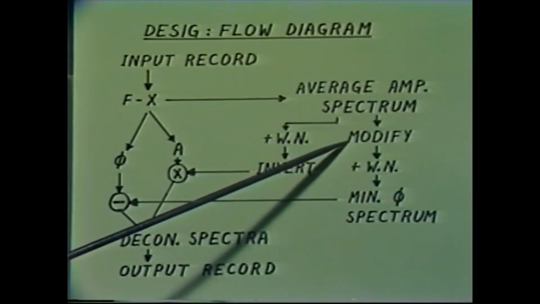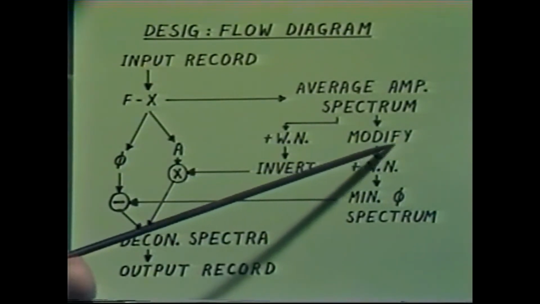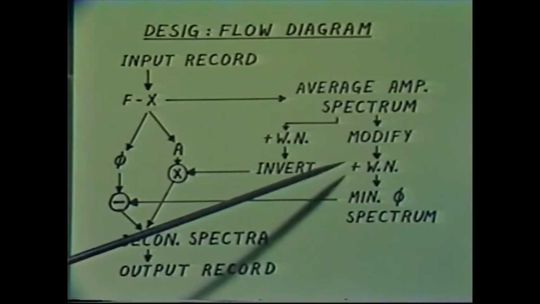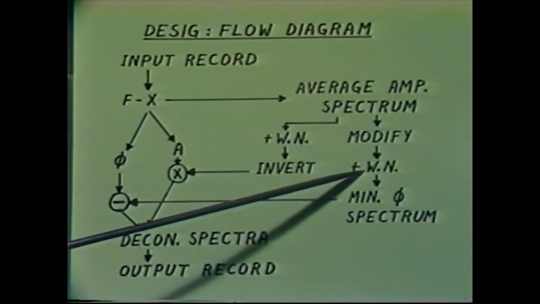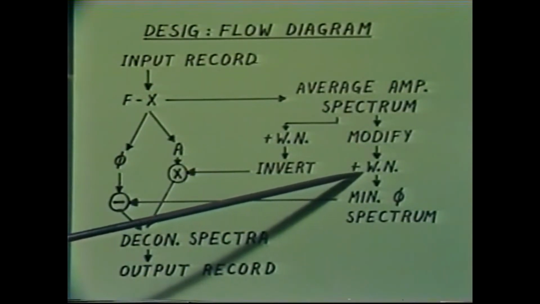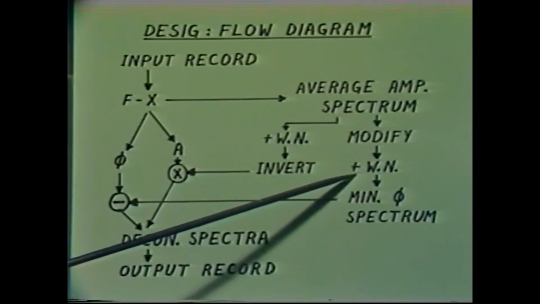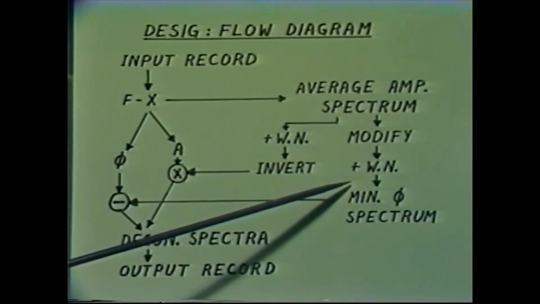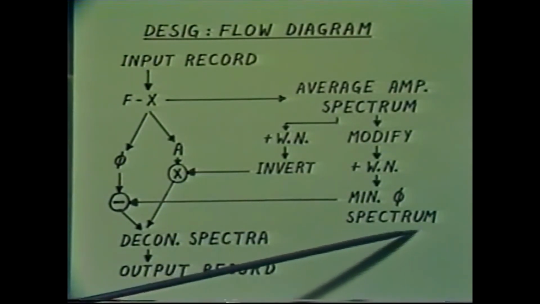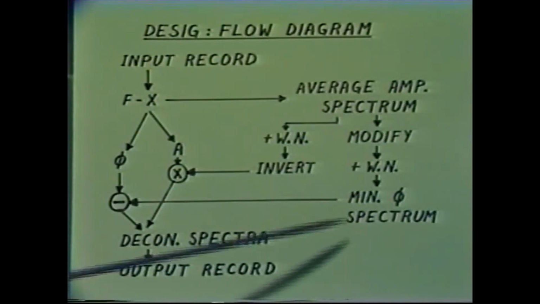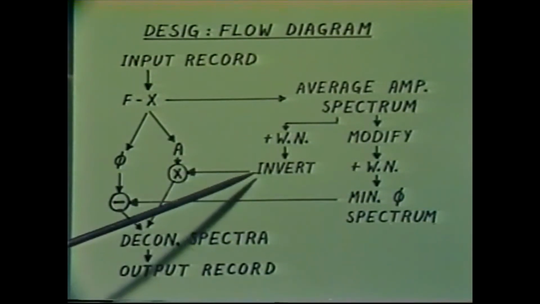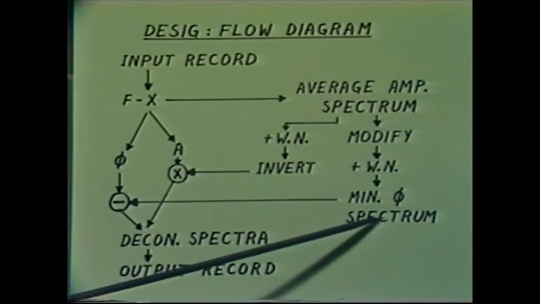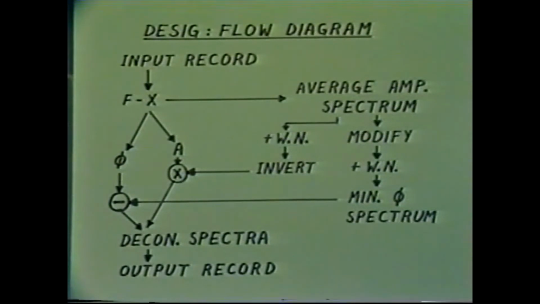So we modify the very low and very high frequency parts of the amplitude spectrum, then add a very, very small amount of white noise, again as a sort of mathematical safeguard. And then from that modified spectrum, we calculate the corresponding minimum phase spectrum. And that computation is done by means of a Hilbert transform. So we now have the amplitude spectrum and the phase spectrum for the designature filter.